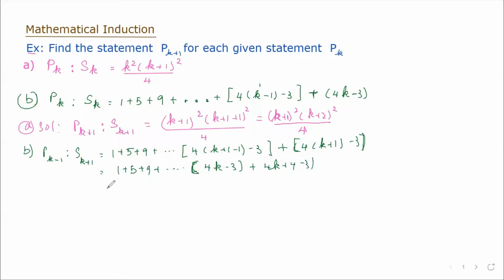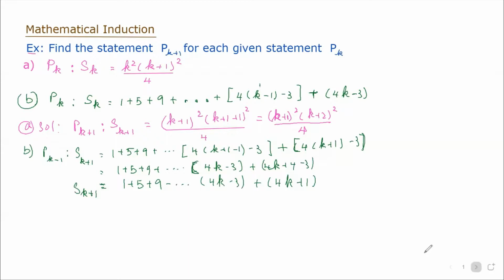So then simplify: 1 plus 5 plus 9 plus dot dot dot, 4k minus 3, and then 4k plus 1. That's all for this one, when you sum it up to k plus 1. We learn this because when we prove the formula, we need some idea about this. So you have to get used to substituting k with k plus 1 first. We talk about proof later, but now we learn this first.